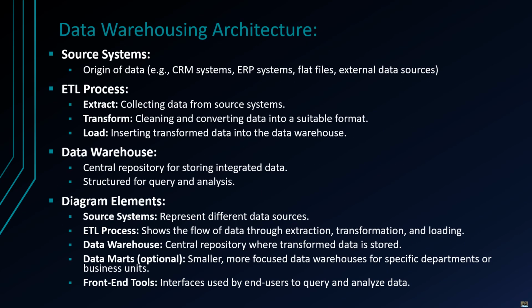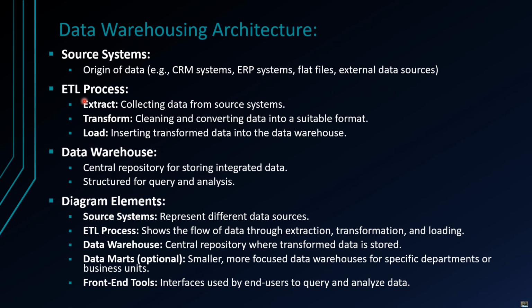The data warehousing architecture includes the source system, the extract, transform, load process, the data warehouse and the diagram elements. In the source system, we see the origin of the data, for example CRM systems, ERP systems, flat files and external data sources.